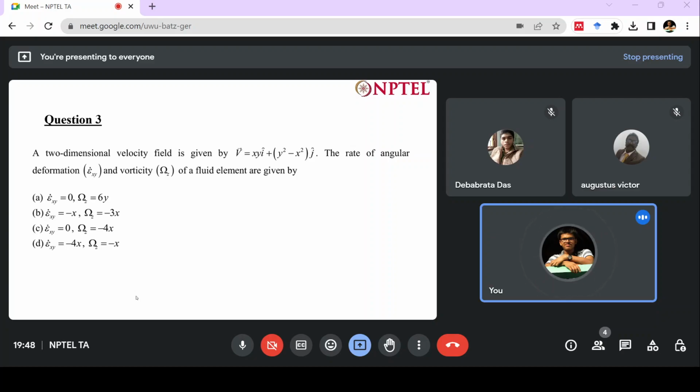One velocity field is given, and you have to find the angular deformation, epsilon xy, and the vorticity. So epsilon xy is given by the addition of the two components, right?